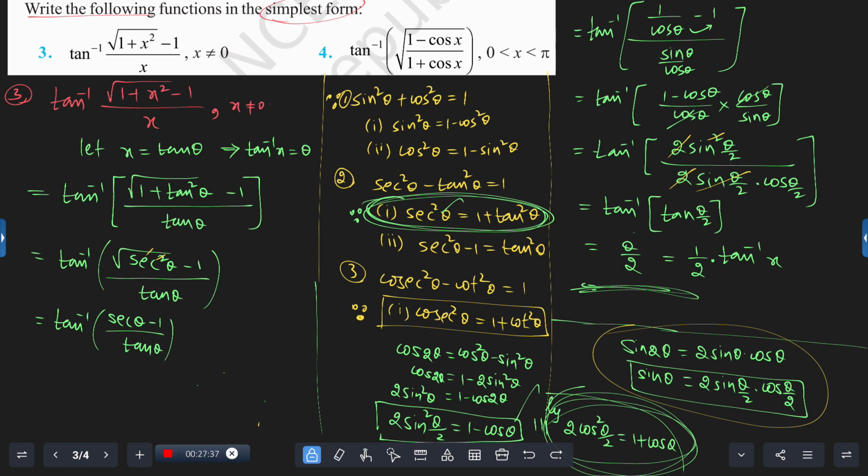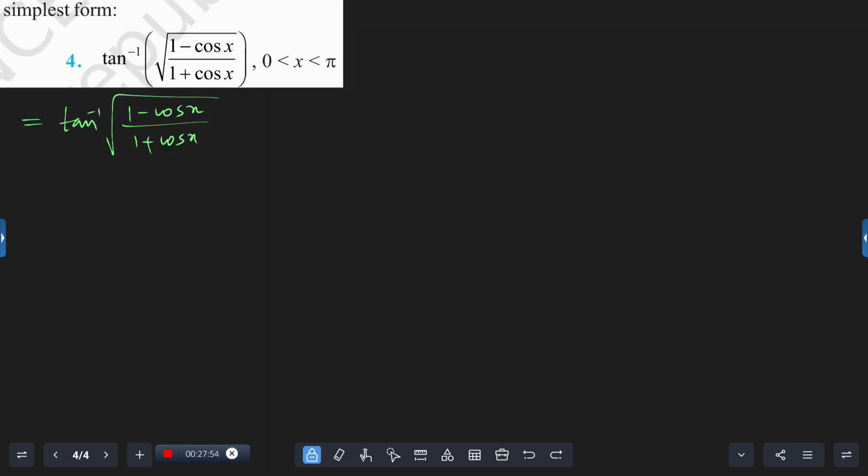Listen carefully. While looking at the question itself, you must identify what formula we have to use. See, this question says 1 minus cos and 1 plus cos. Both we need. Have you noticed? 1 minus cos, what formula?